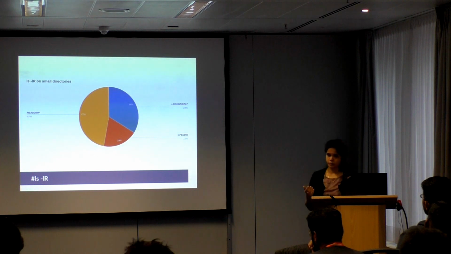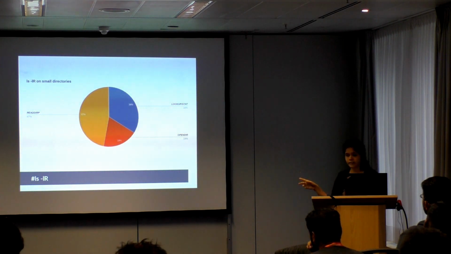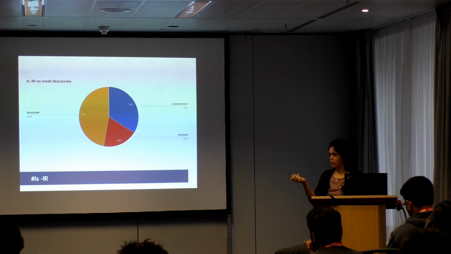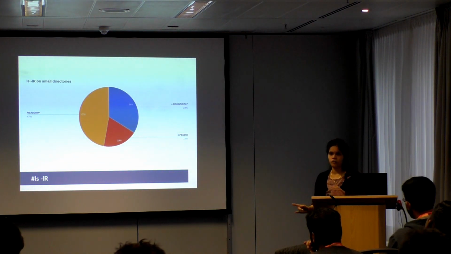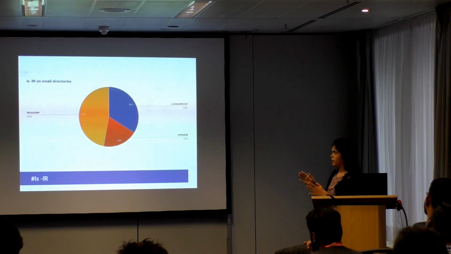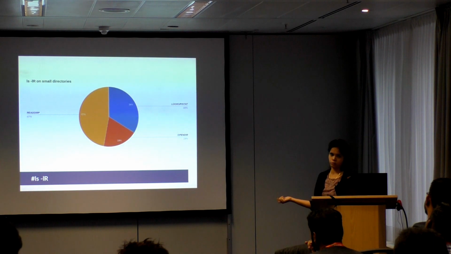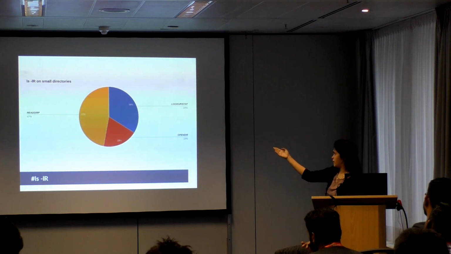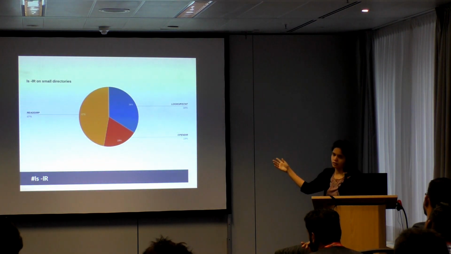This was done on small directories recursively, small as in you can fetch the content of the whole directory in one readdirp call. So you would expect the number of readdirp calls to be the same as opendir. You do one opendir and one readdirp, and you get all the data. So you would expect readdirp to also consume approximately 20% of the time, but it's not.